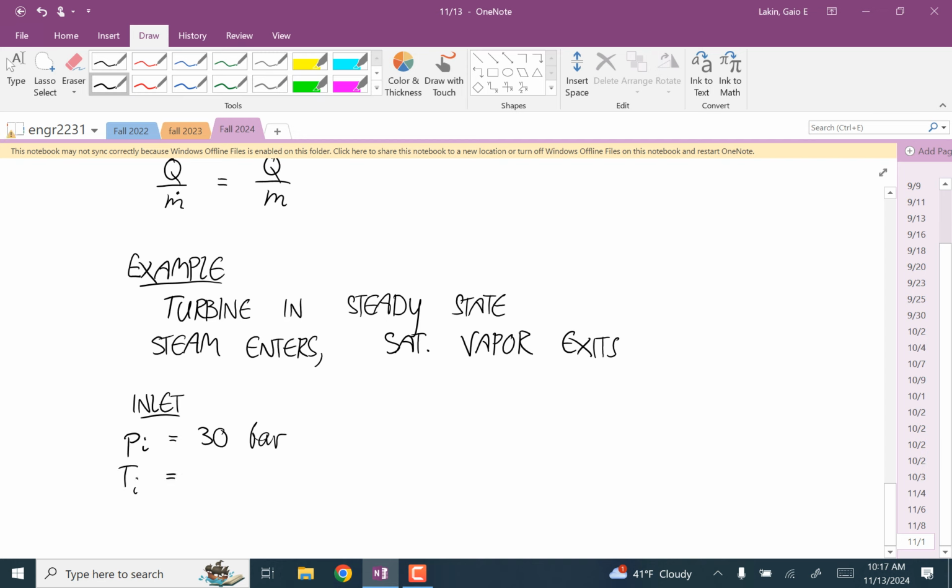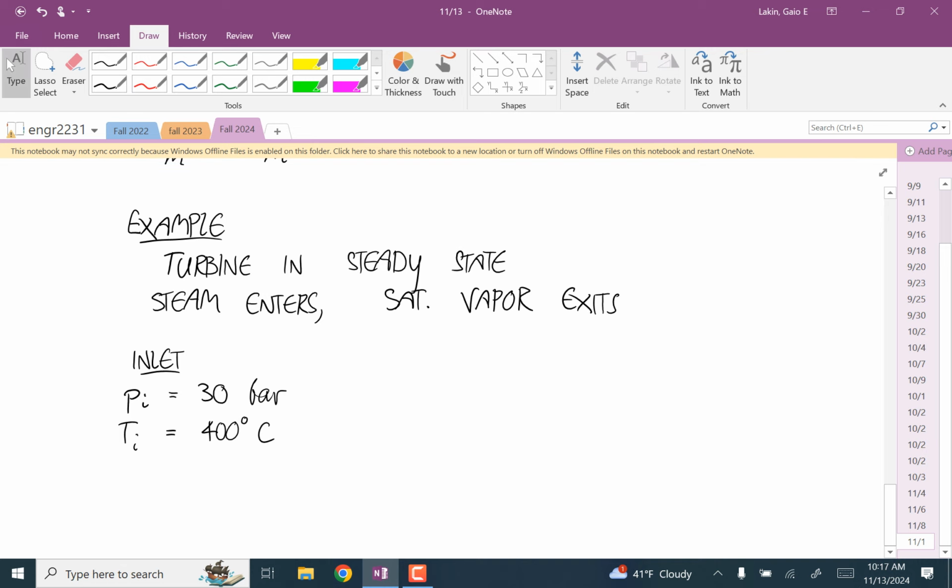The inlet temperature is 400 degrees Celsius. The speed is 160 meters per second.